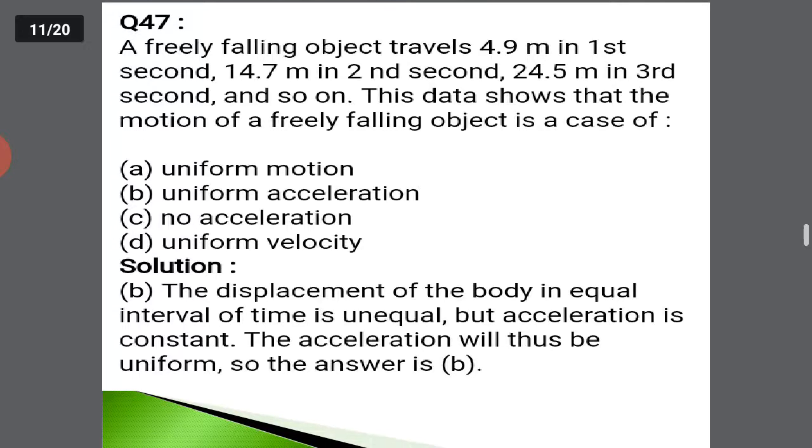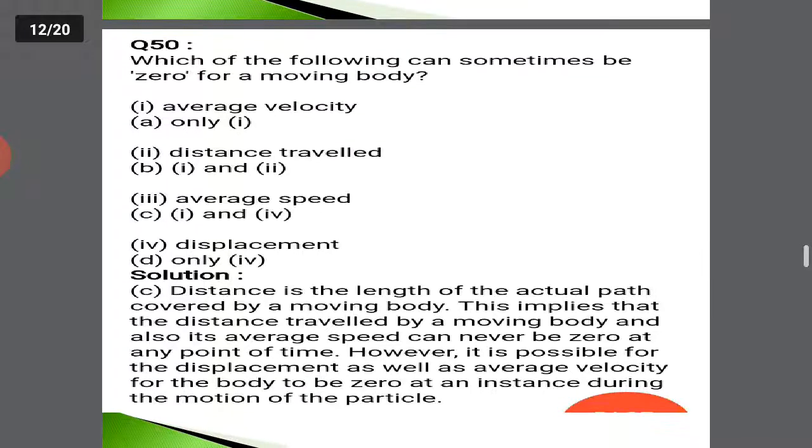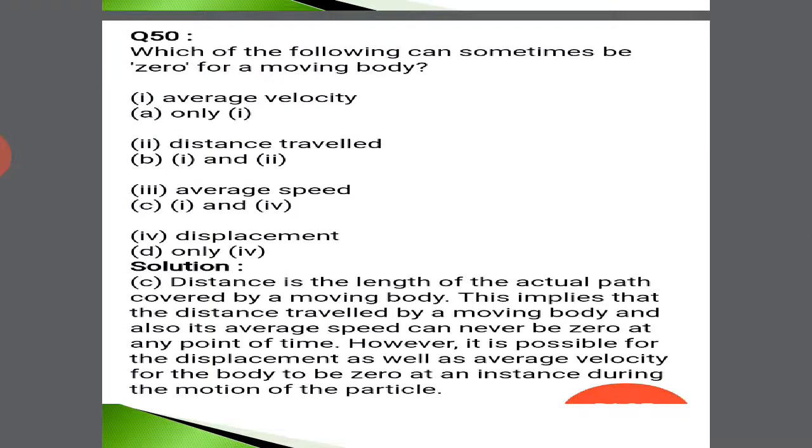Okay, next question. See this. Which of the following can sometimes be zero for a moving body? Average velocity, distance traveled, average speed, only displacement, only four. Okay, it will be average speed. The distance is the length of the actual path covered by a moving body.